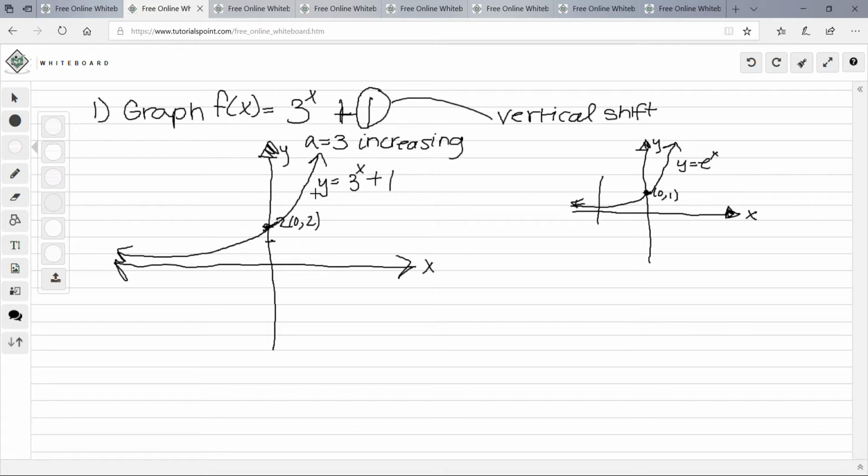It kind of looks like the other one, but the only difference is there's a vertical shift, so the y-intercept is (0, 2). And that's pretty much it for exponential graphs. I'll probably do a section under regular college algebra on graphing exponential and logarithm functions, because I really want you guys to understand graphing.